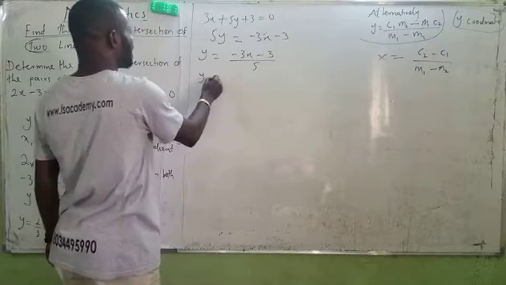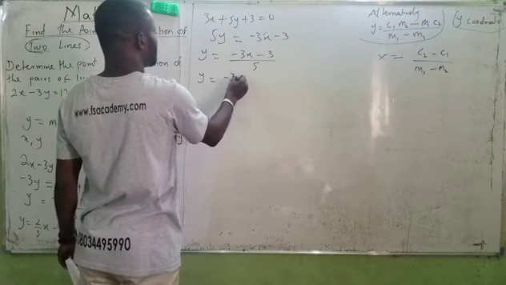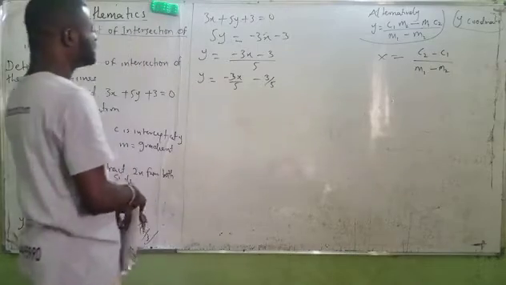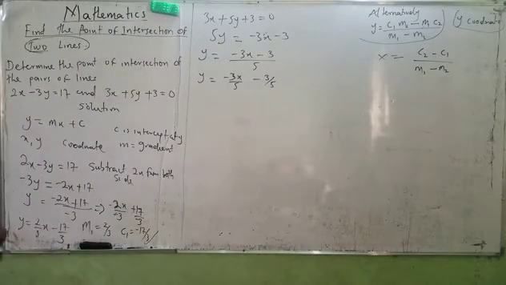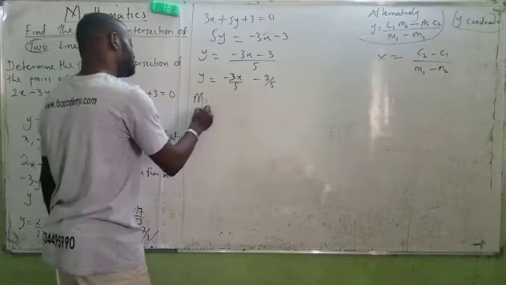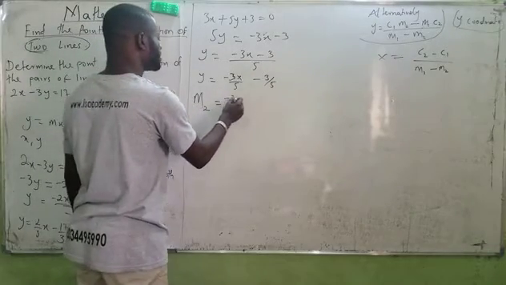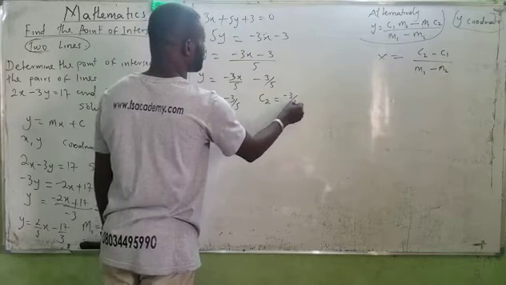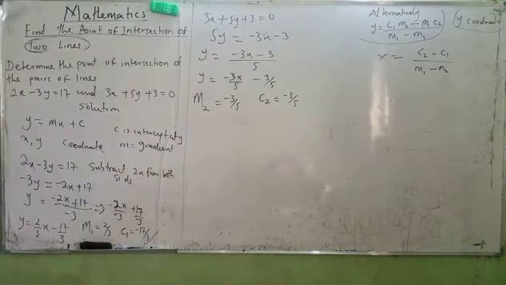Now, y could be minus 3x all over 5 minus 3 all over 5. Successfully, my m2 will be minus 3 all over 5. My c2 will be minus 3 all over 5. Okay, that is not a problem.